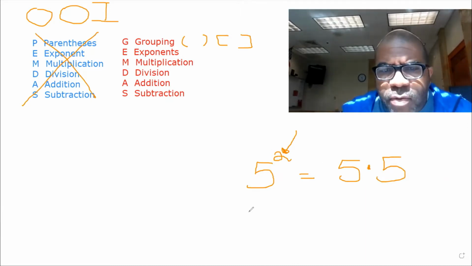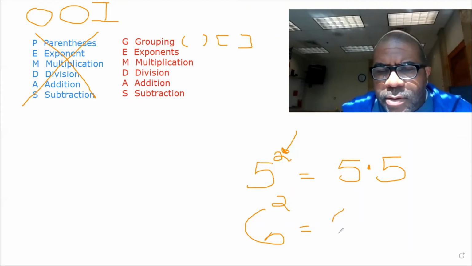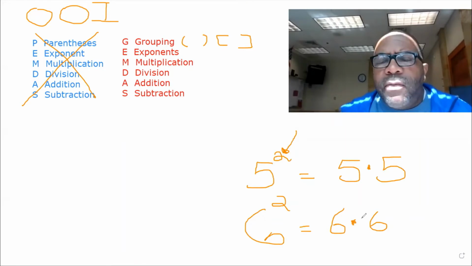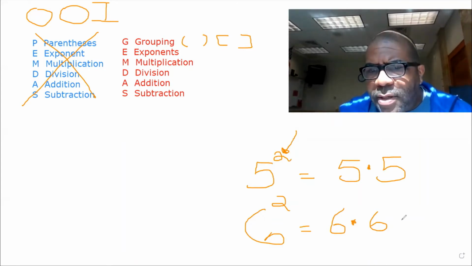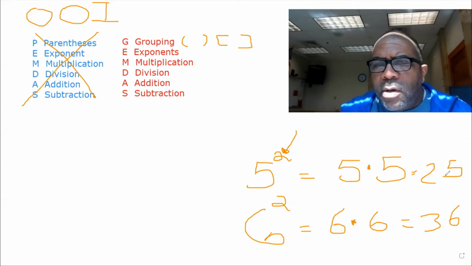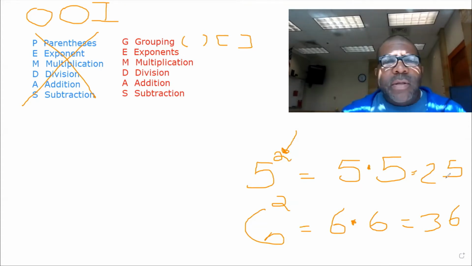So, for instance, if you had 6 squared, then that's 6 times 6. You may notice that we're using the dot high up in the middle for multiplication. What's 6 times 6? 36. What's 5 times 5? 25.